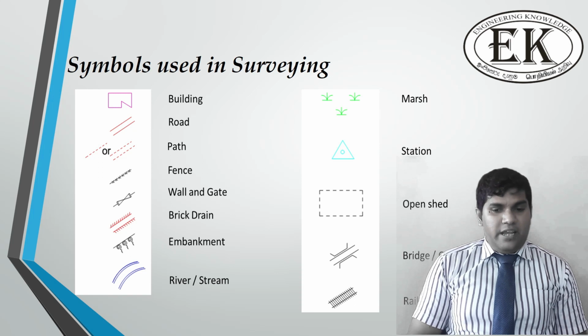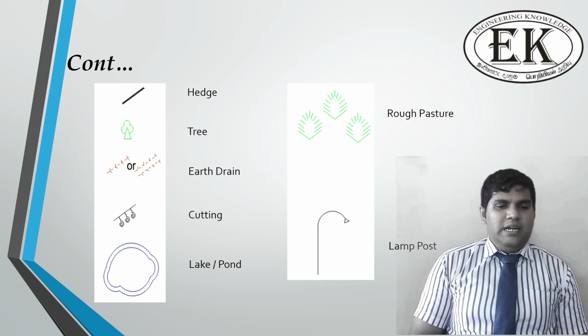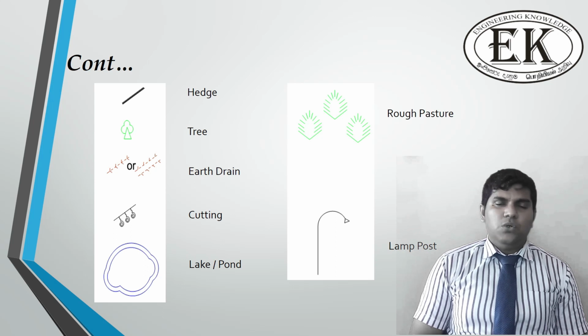And railway crossings, because we have to come across these elements in our surveying works. Trees and earth, trains, cuttings. In road works, there are some cutting and filling works related to highway projects. So these cutting notations are very important, and lakes, rough wastage, and lamp posts, right?